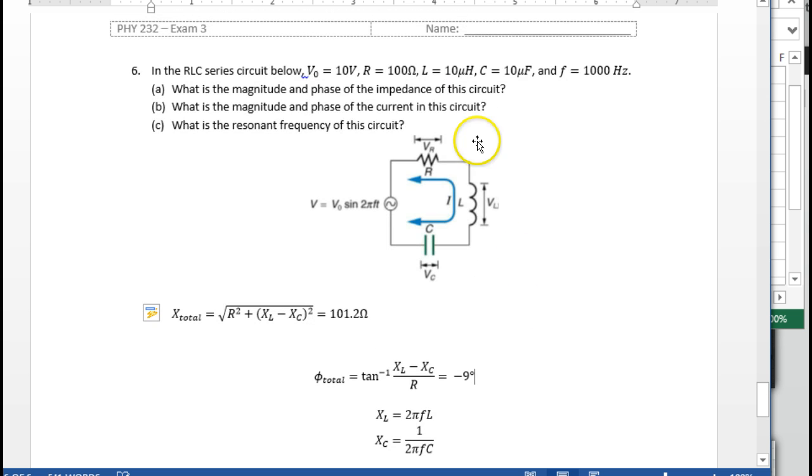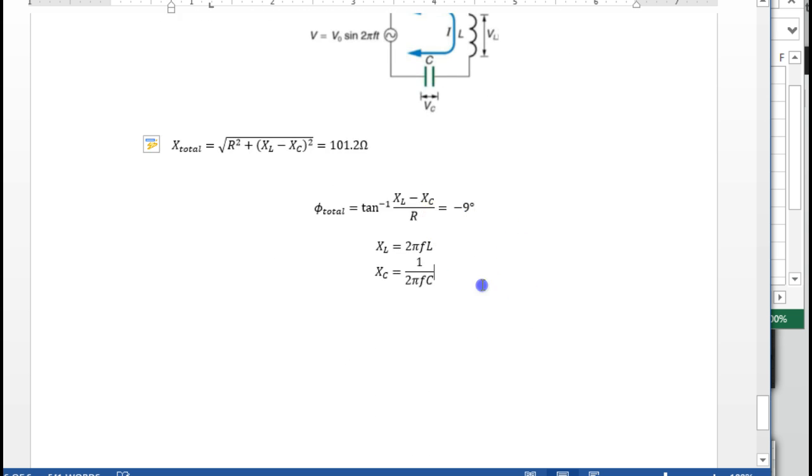So what is the magnitude and phase of the current? Well, for part B, we're just going to use our old trusty V equals IR, right? So in this case, that means 10 volts equals I times 101.2 ohms at -9 degrees.